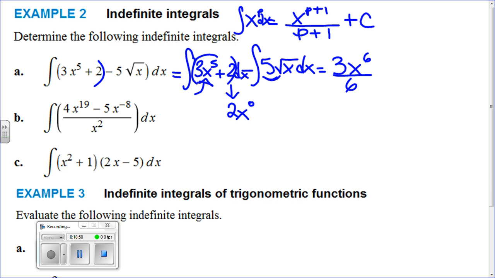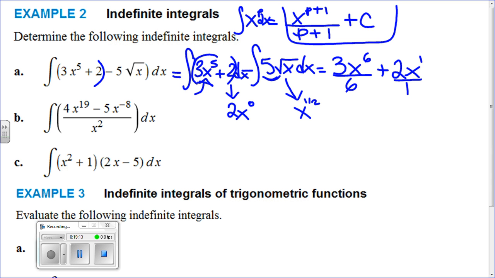So if we follow the same formula, what would it be? Plus 2x to what power? 1, divided by 1. And this one here, I could think of it in terms of x to the 1/2.